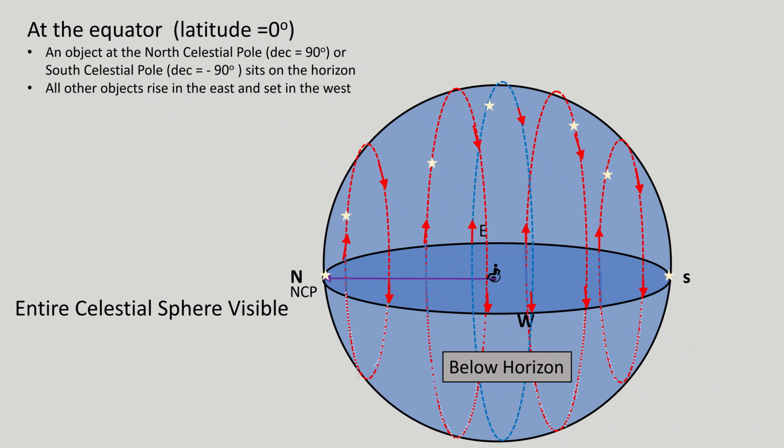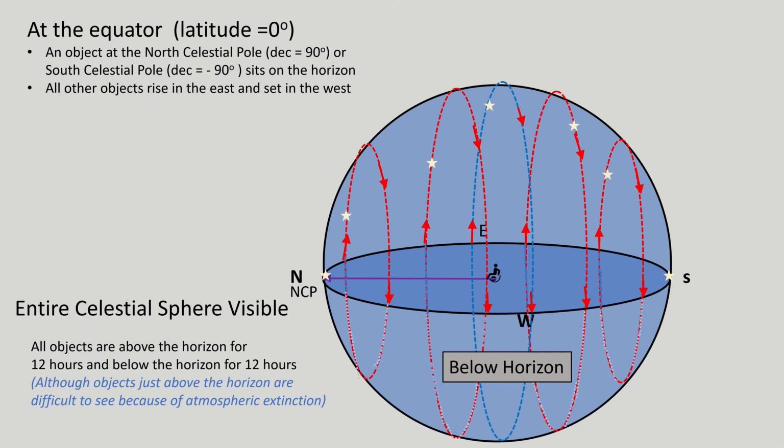The blue dotted line is the celestial equator. The entire celestial sphere is visible, and all objects are above the horizon for 12 hours and below the horizon for 12 hours. Of course, objects very close to the horizon are difficult to see because of the amount of atmosphere they have to pass through.